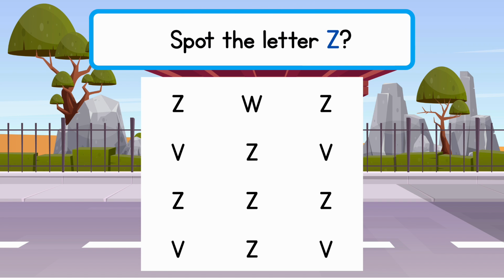Now we have lots of letters. We're going to find the letter Z's and then color it when we find it. Are you ready? Let's have a go. Well done, we found the first Z. Great work, well done.